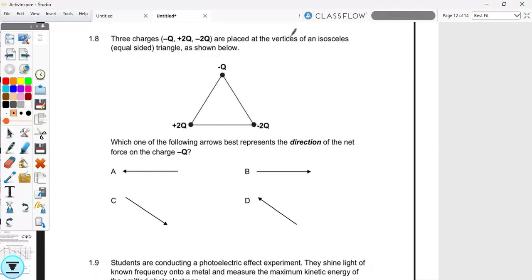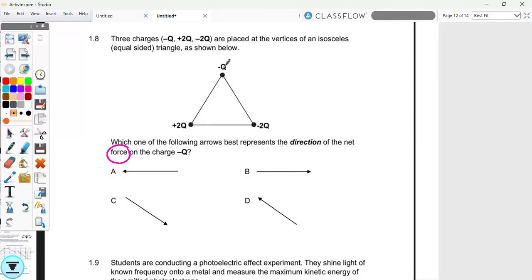Okay. 3 charges placed in the triangle. Which of the following? Oh, the direction of the net force. Okay, so remember when they're asking about force, the force is always on a specific particle. It's not a point. Field can be at a point, but force must be on a particle. So we're looking at minus q.